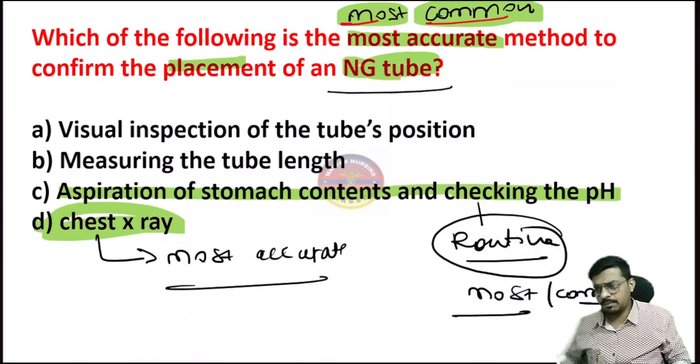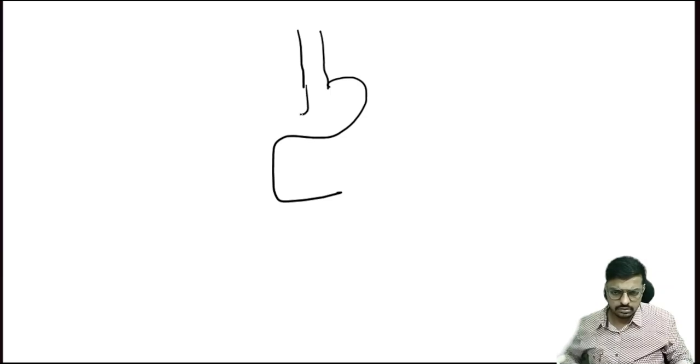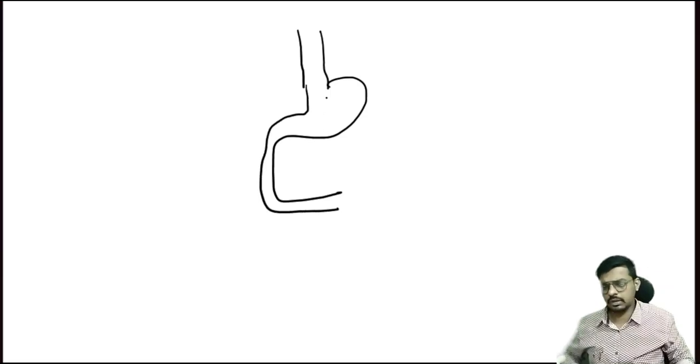So what is the pH that confirms that the tube is in the stomach? Consider, children, this is the esophagus, this is the beautiful stomach and this is the duodenum. As all of you know, in the stomach there is production of a dangerous acid. The name of the acid is HCl.